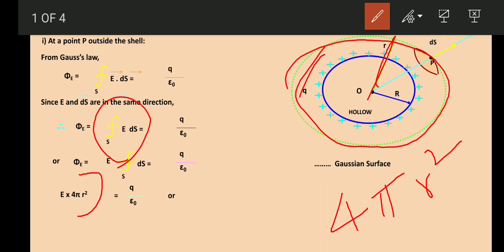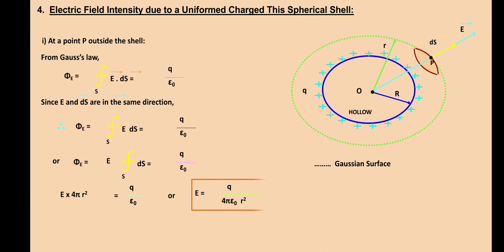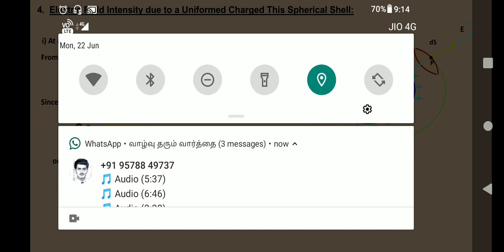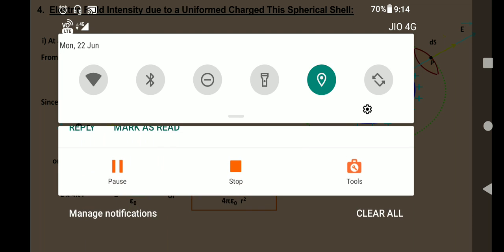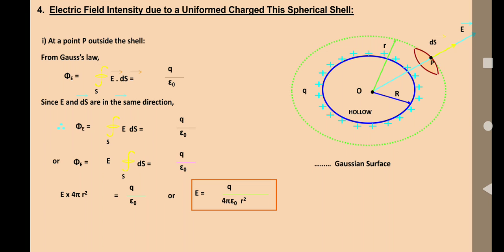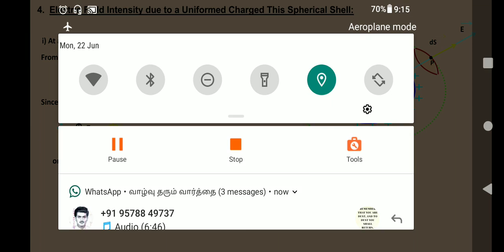That is what we calculated here, which is equal to q by epsilon naught. Now let me calculate the electric field from this equation. E is equal to q by 4 pi epsilon naught r square.